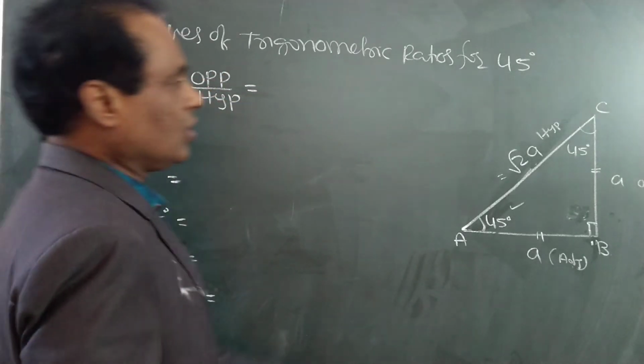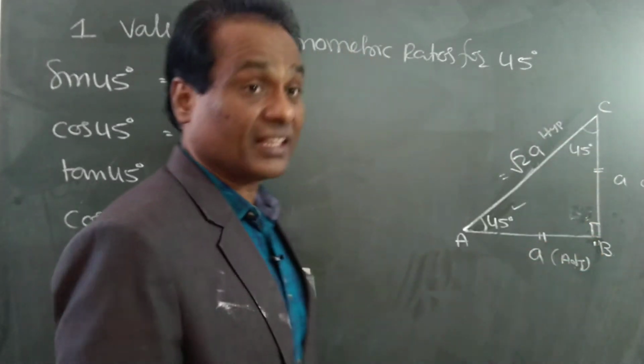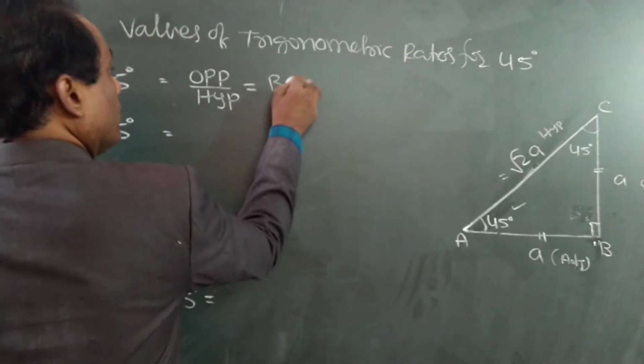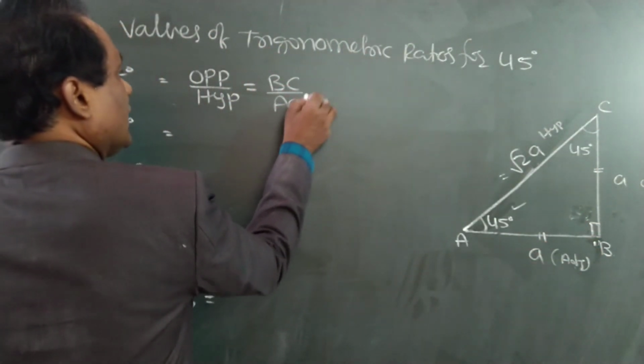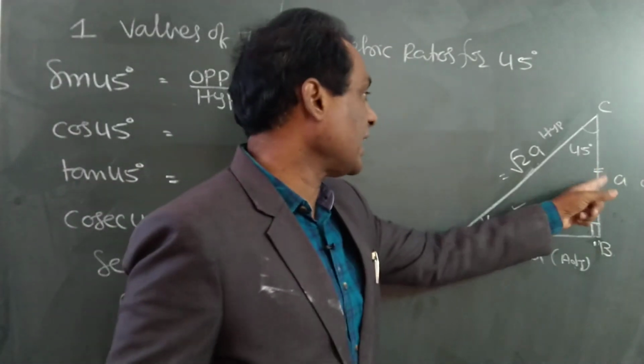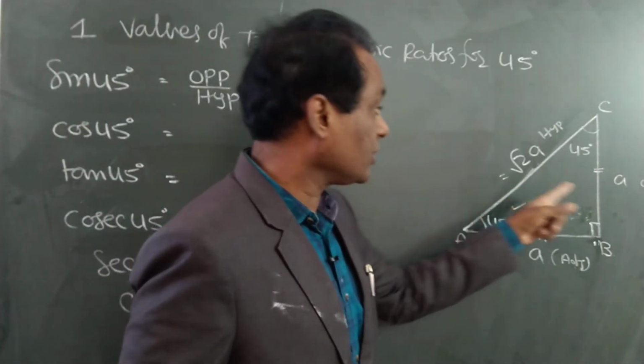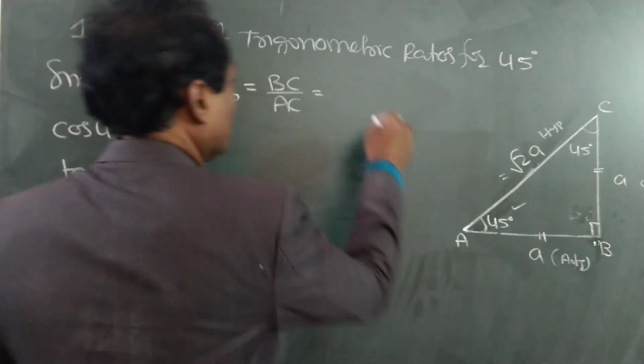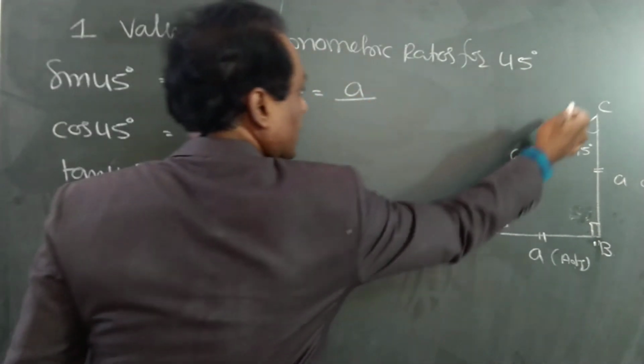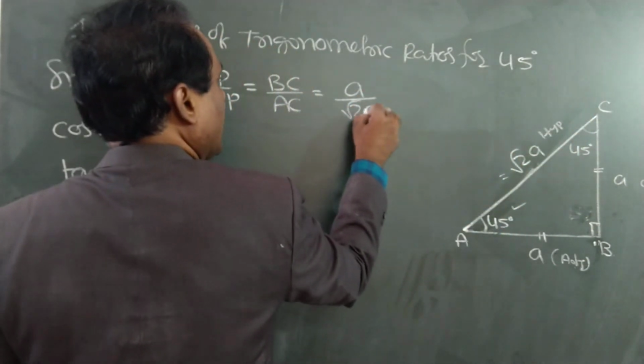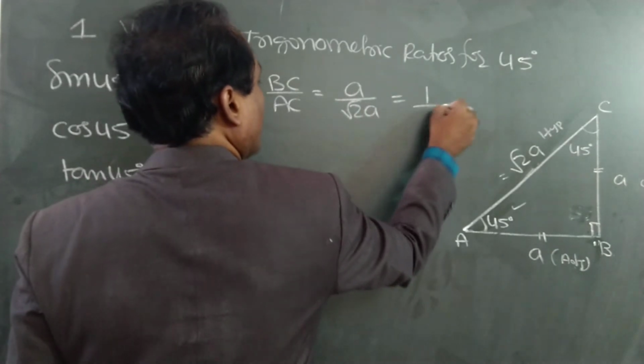Opposite is BC, BC by AC. What is BC? A. By what is the hypotenuse? Root 2A. A cancels, 1 by root 2.